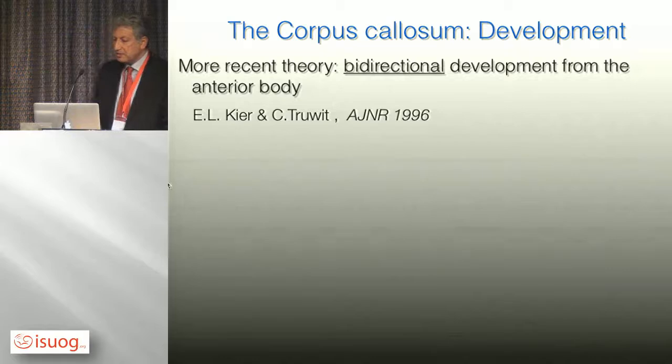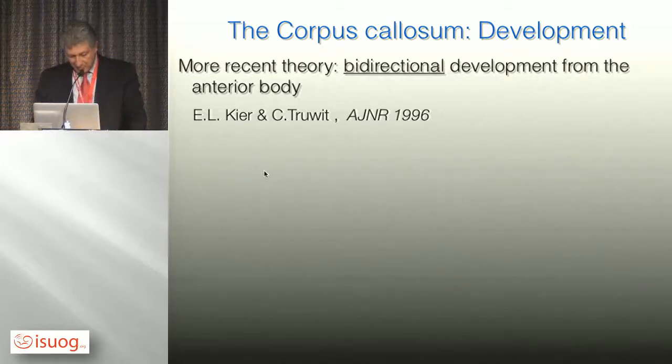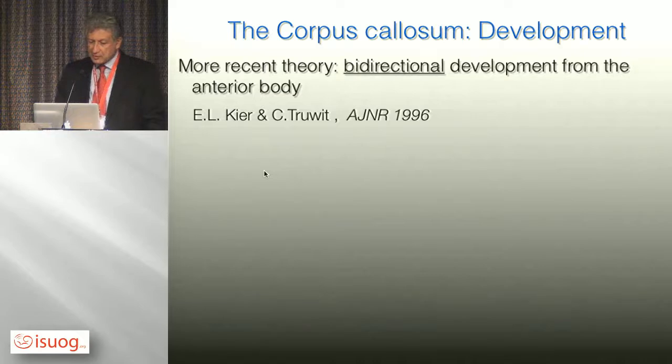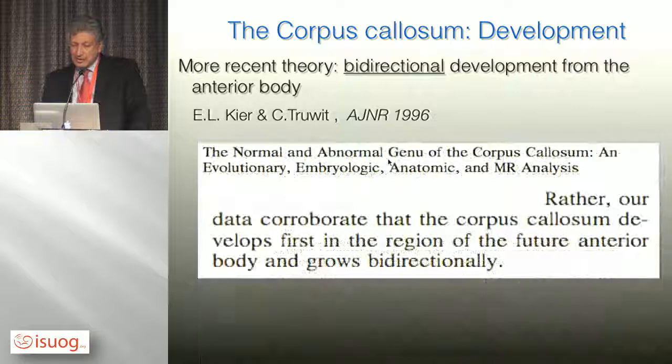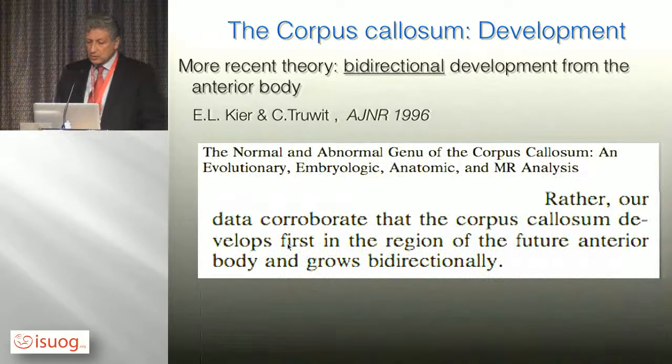I will say it's a recent theory, because in all brain development research, these things happen a little bit slowly. It was published in 1996 by Kier and Truwit. They showed on anatomic, MR and embryologic specimens that it's a kind of bidirectional development. They assume that the corpus callosum develops first in the region of the future anterior body and grows in both directions.